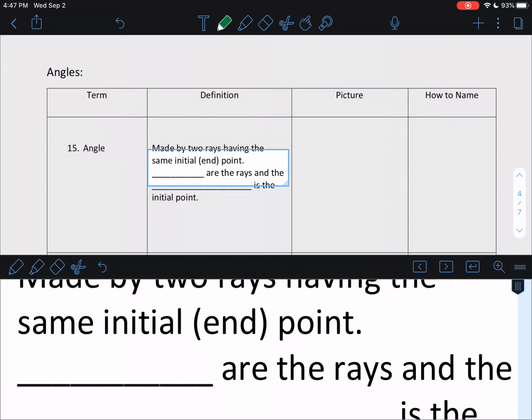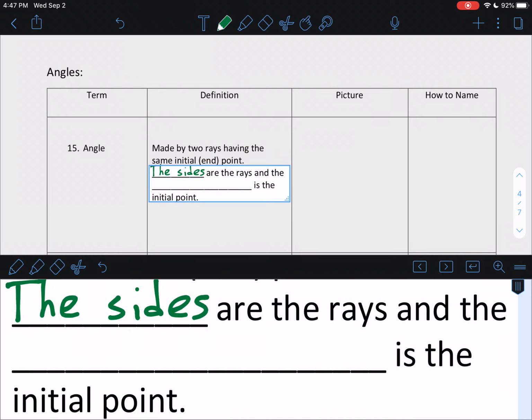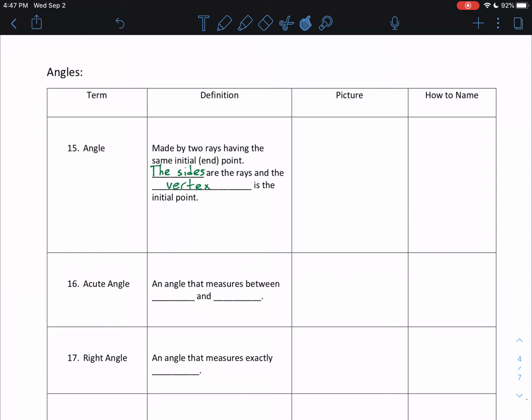The sides are the rays, and the vertex is the initial point. So just think of like 2 rays that come together to form an angle.